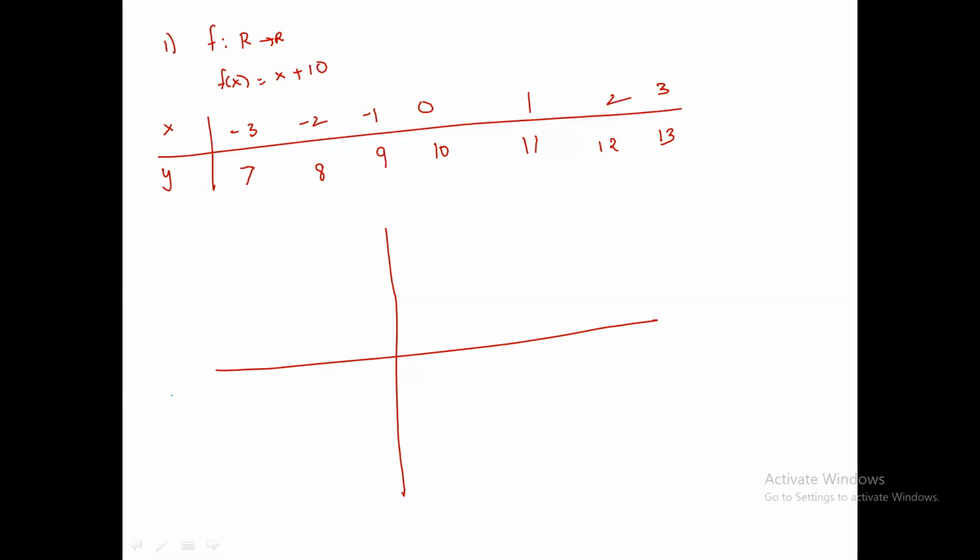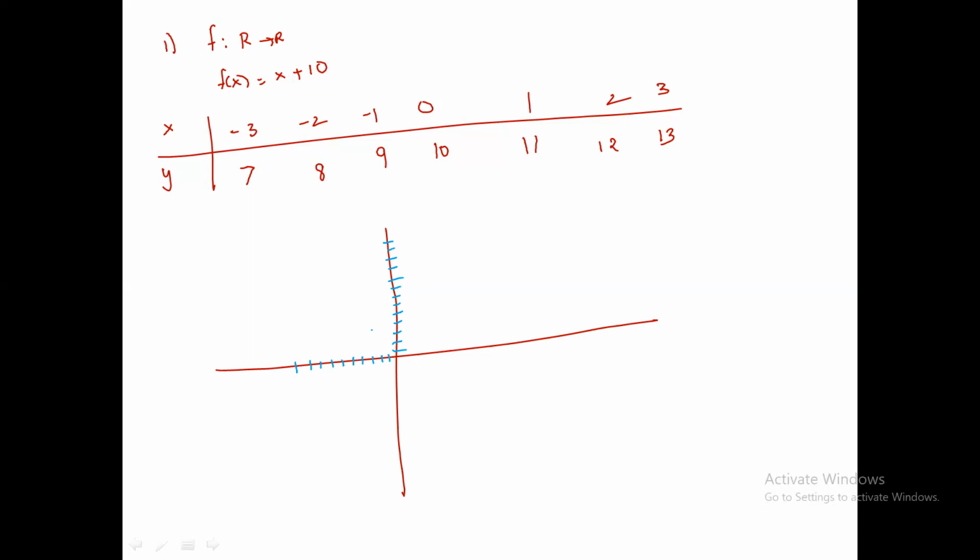So what do I have? -3, 7. I will put the lines also. 1, 2, 3, 4, 5, 6, 7, 8, 9, 10, 11, 12, 13.